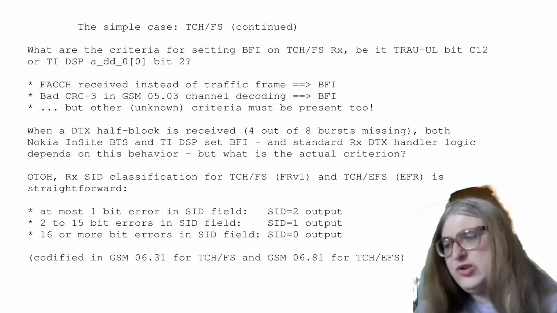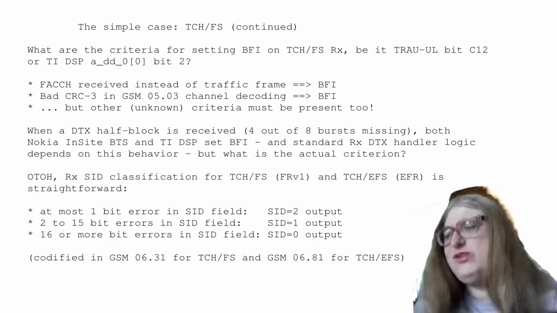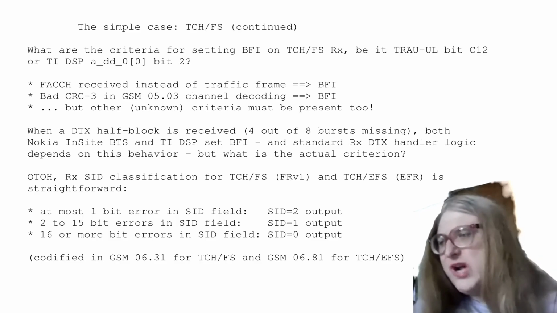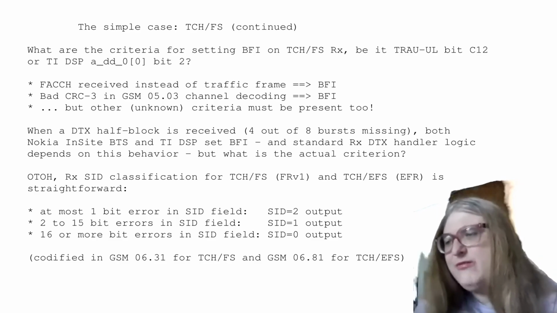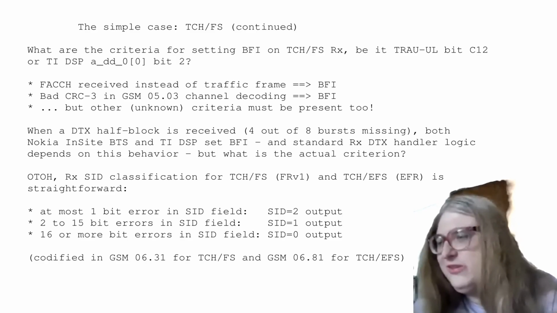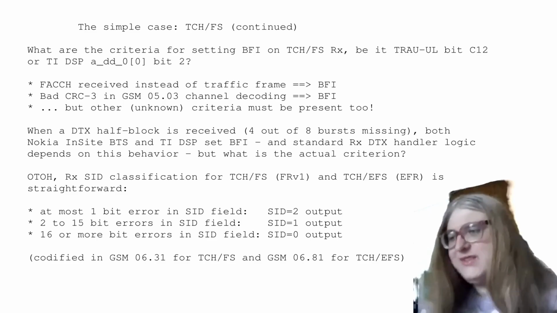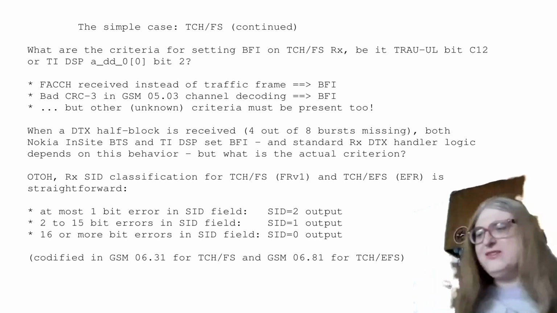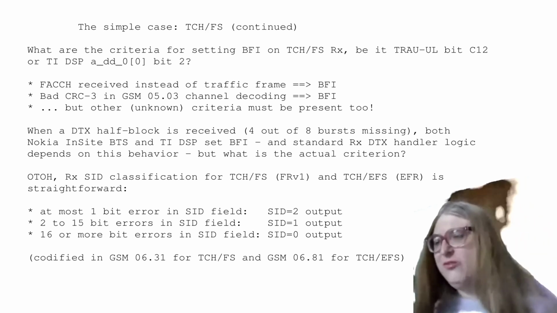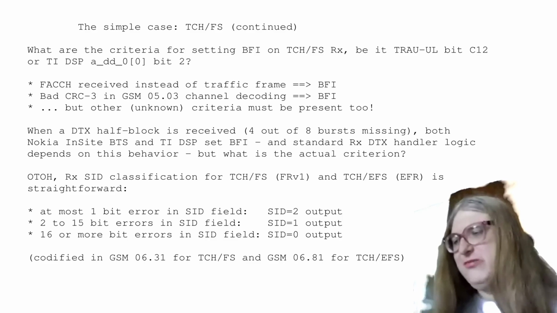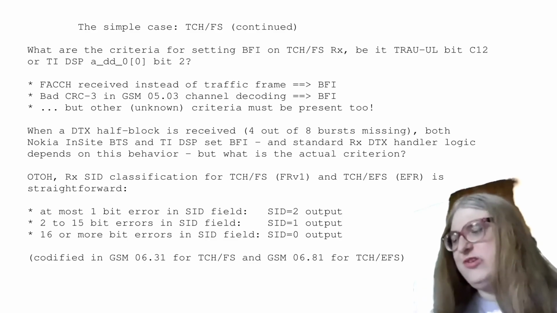In those 8 bursts, you have the block diagonal interleaved frame that you wanted to transmit. But then you also have a preceding half frame and a following half frame, or half block. I don't know what to properly call it. Basically, in each of the bursts, half of the bits belong to the other 20 millisecond frame position, the one where you don't want to transmit, but where you have to transmit those bursts.